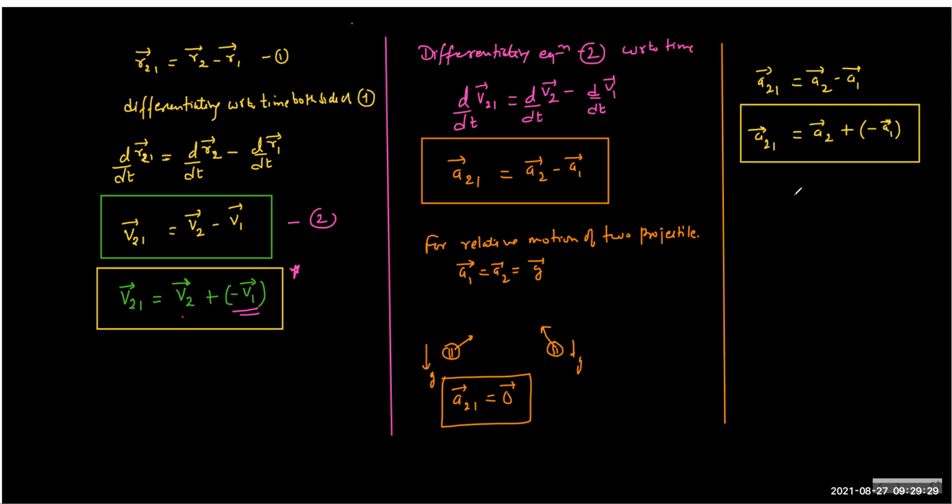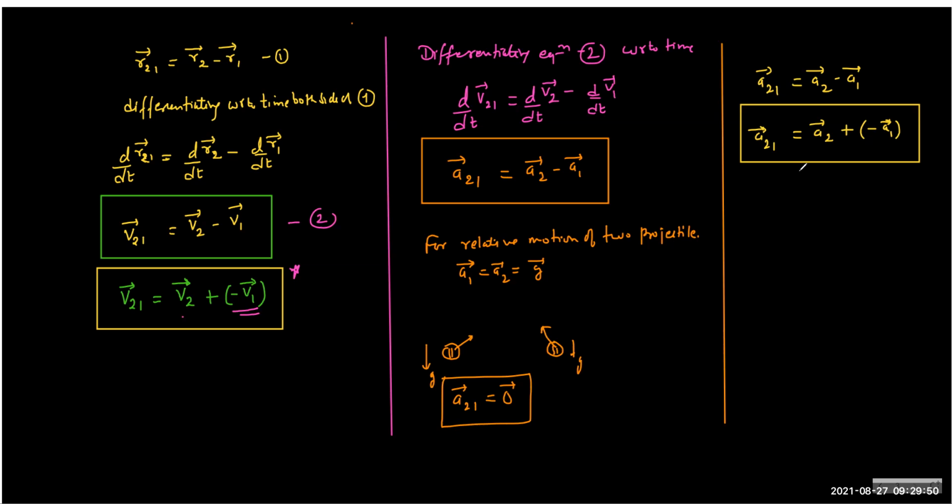Now you won't get many questions in which A relative is also there and V relative is also there. Most of the questions will be very easy and you can solve them easily. In most of the questions that you will encounter, A relative will be always 0.